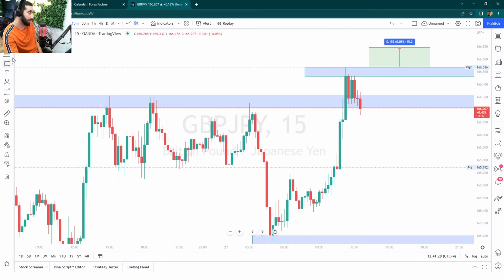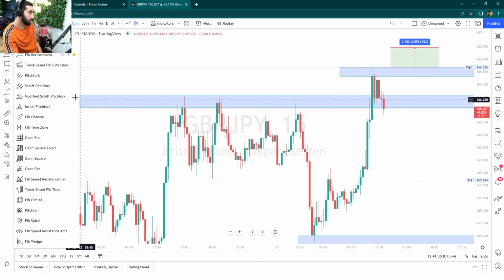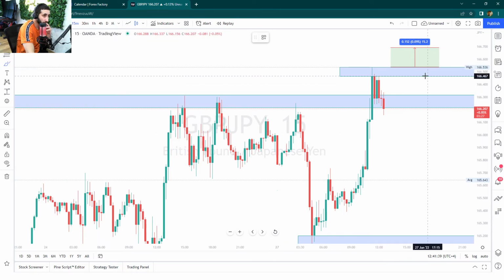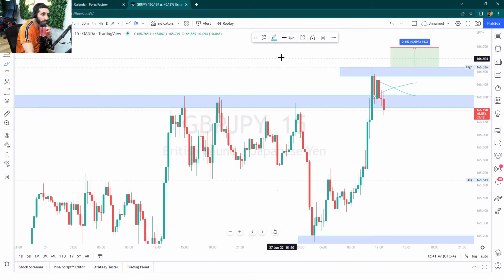Let me put it for you in red so you guys can see it the whole time. Here. Okay. Right. See this here, and tradable. Make it big so you guys can see it.